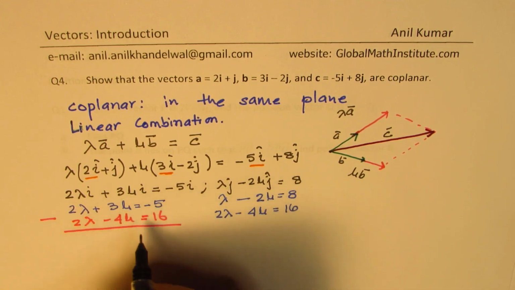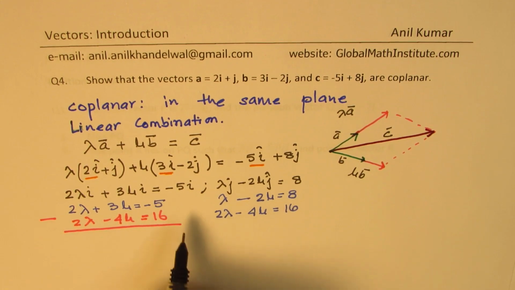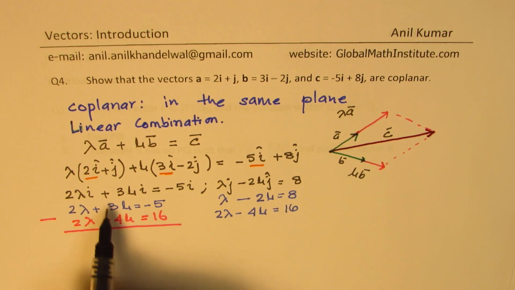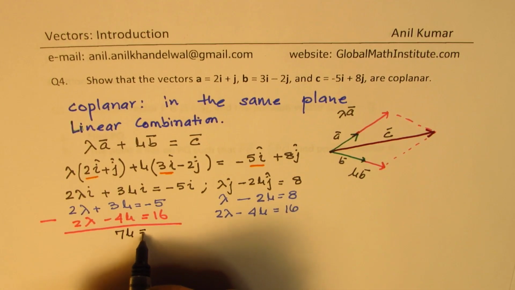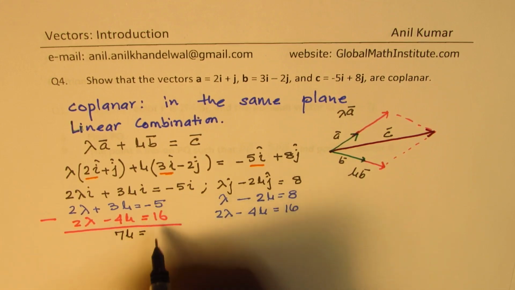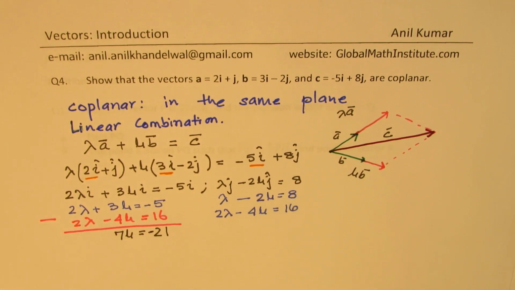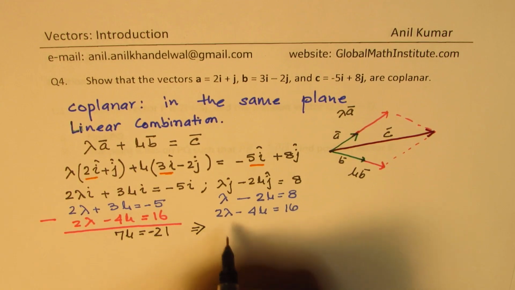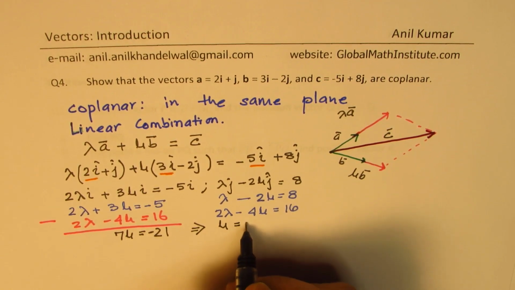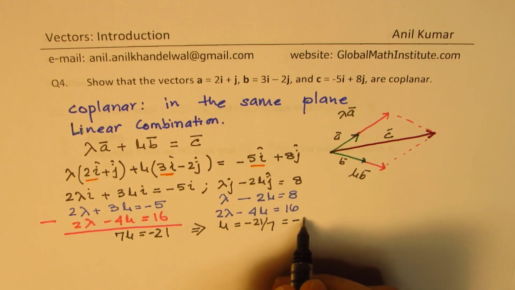Lambda cancels, right? And here we get 7 mu is equal to, and when you do this you get 21, with a negative sign, correct? So from here we get the value of mu as minus 21 over 7, which is minus 3.